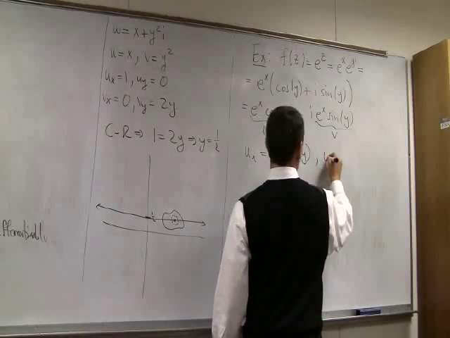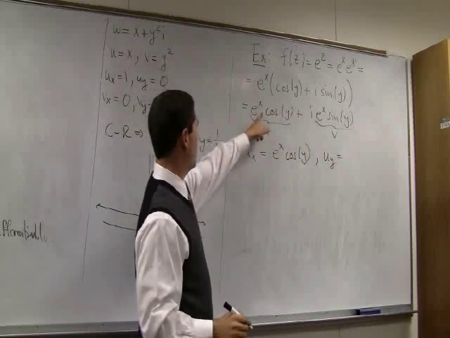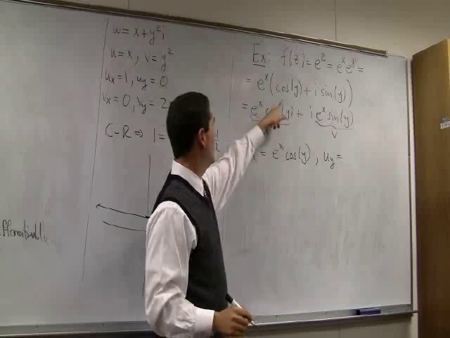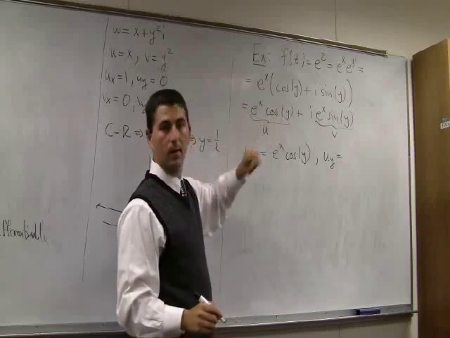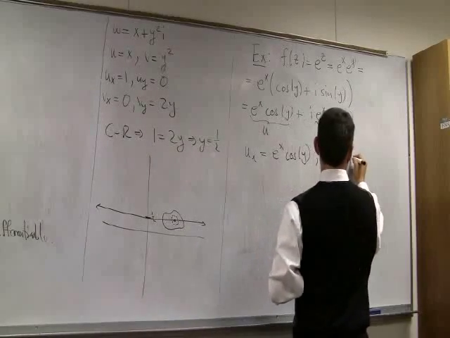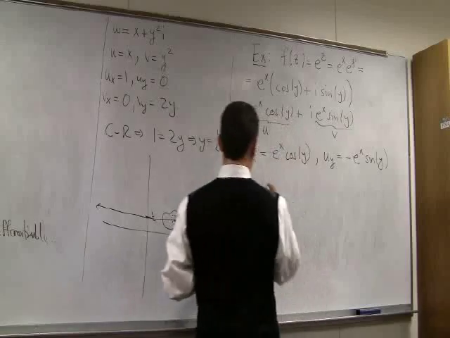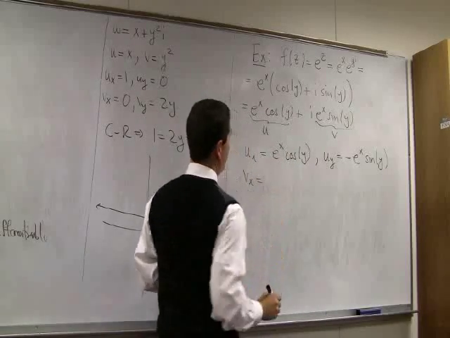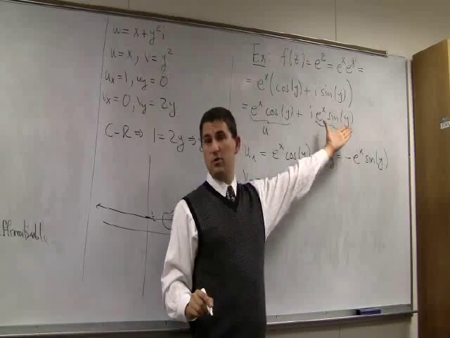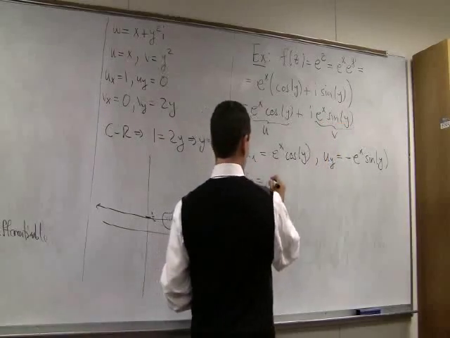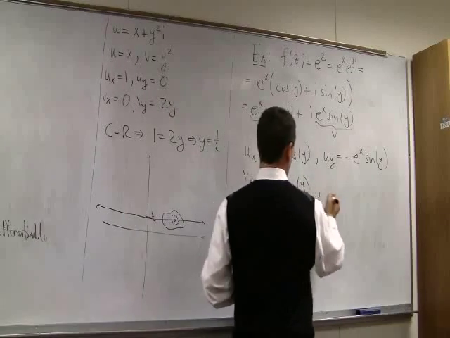And uy, now you take the partial with respect to y. It's e to the x sine. Minus e to the x sine y. Then vx: with respect to x, again, it doesn't change, e to the x sine y.